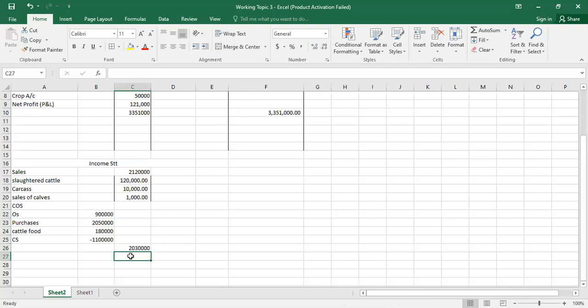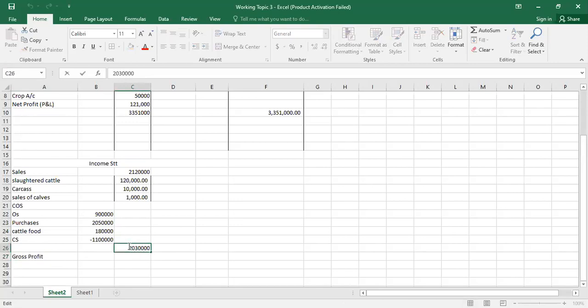So that's the figure we are getting, to get the figure for gross profit. Our gross profit will be this figure, we subtract this figure.